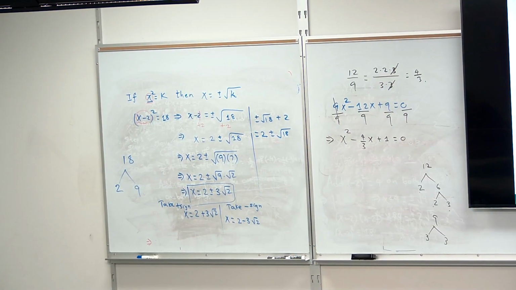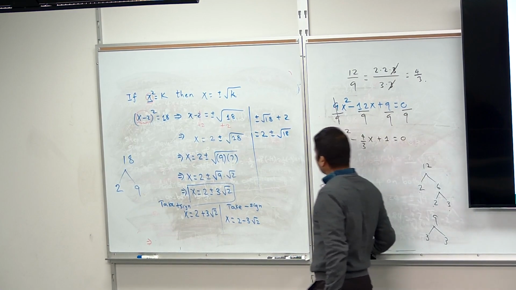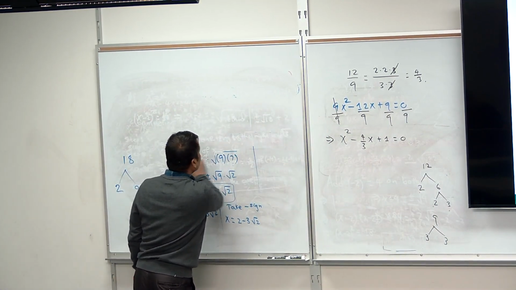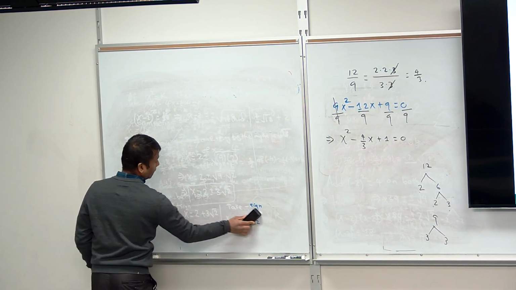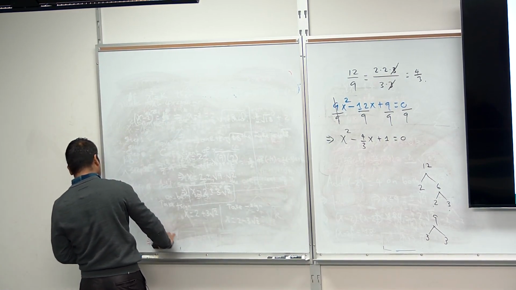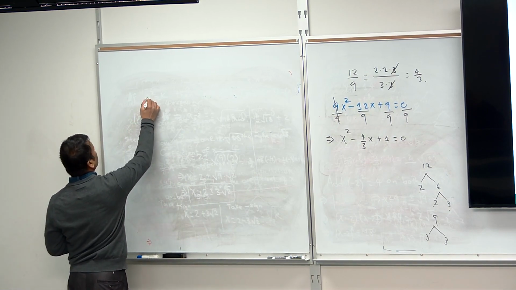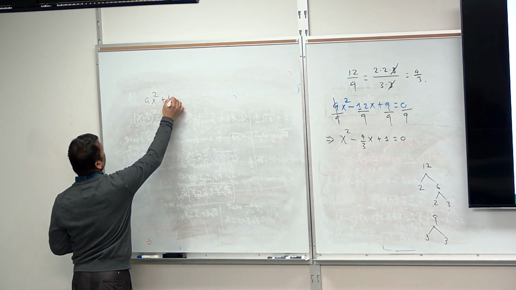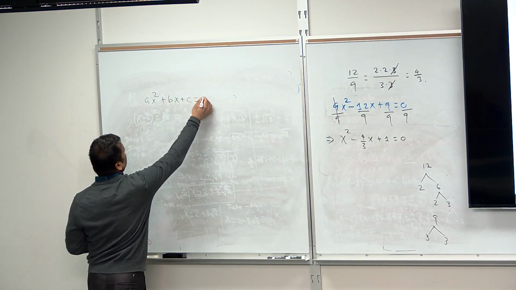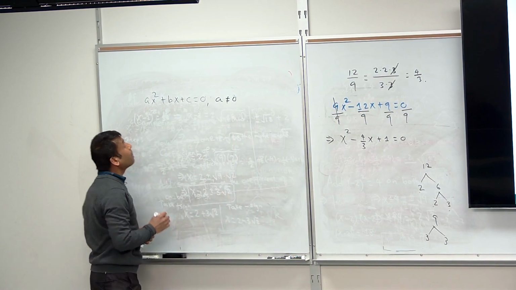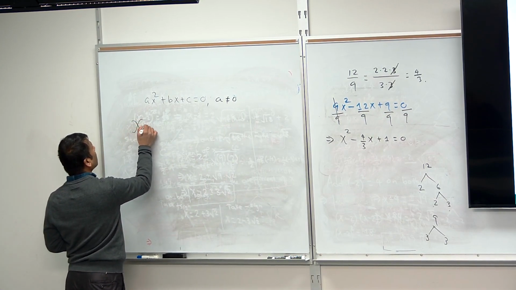Okay, you guys know the quadratic formula? If so, you can also use the formula to find the solution to the quadratic equation, okay? If you want to find the solution to the quadratic equation ax squared plus bx plus c equal to 0, where a is not equal to 0, by using the formula.